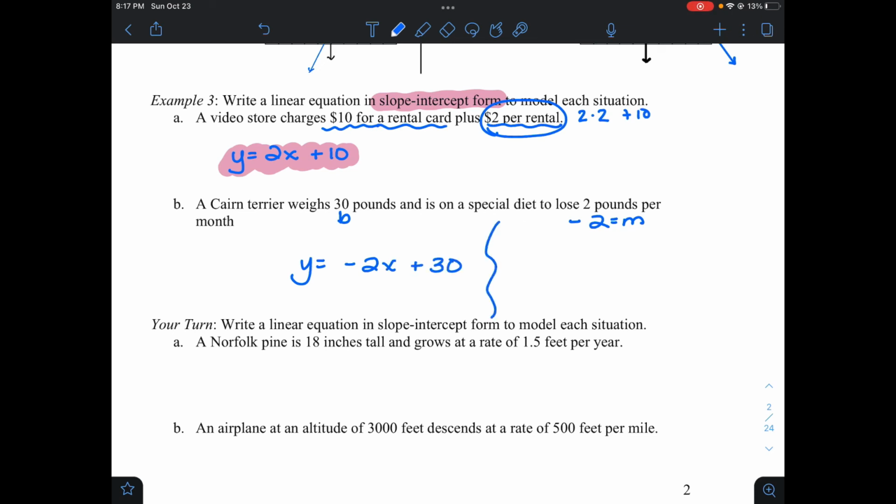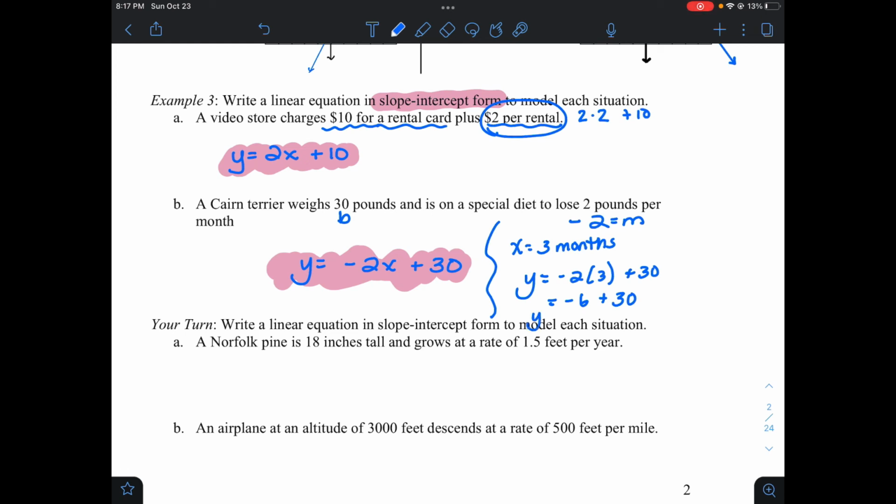So just to show you why that is the answer if we're, say, on month 3, okay? So x equals 3 months. That means I'm going to do y equals -2 times 3 plus 30. That means I'll have lost 6 pounds, not me. The dog would have lost 6 pounds, meaning its total weight would be 24 pounds.